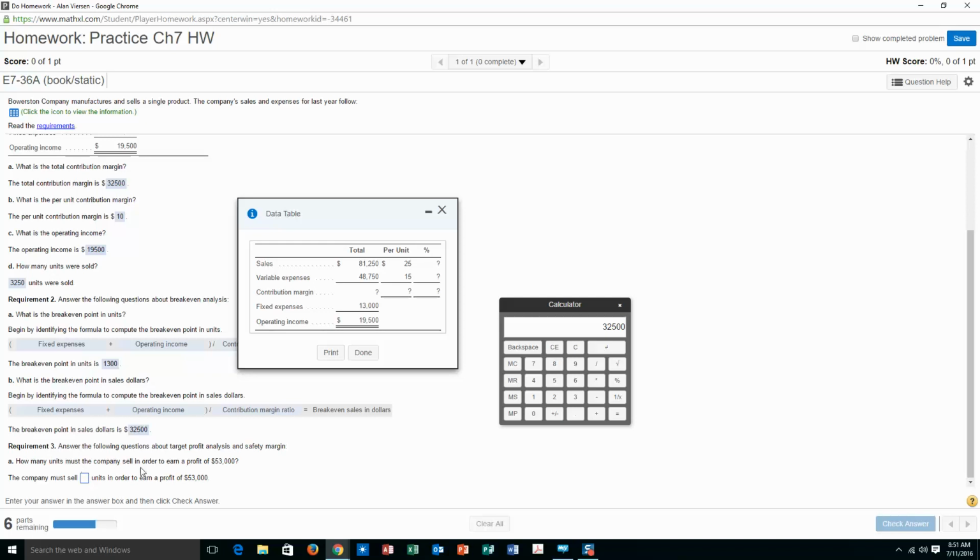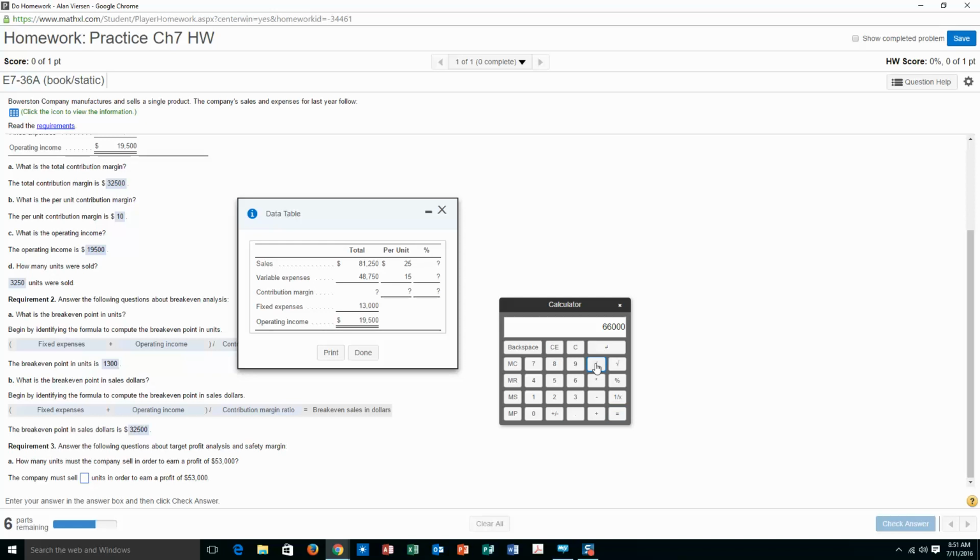Now it says answer the following for a targeted profit analysis and margin of safety. How many units must the company sell in order to earn a profit of $53,000? The targeted profit is going to be the amount of fixed expenses, because you have to pay off your fixed expenses to break even, plus my targeted profit, which now is $53,000.